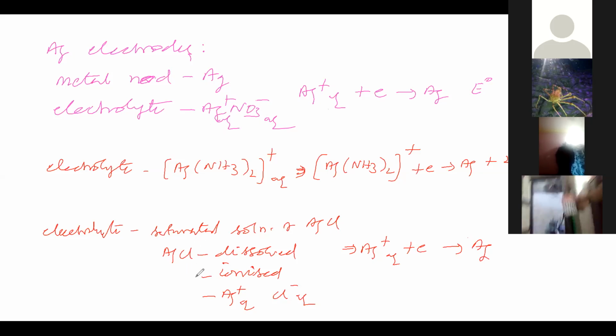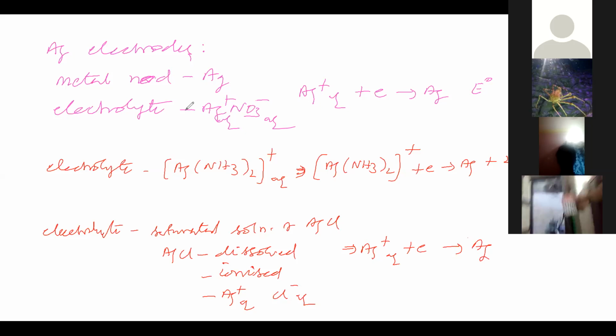An insoluble salt goes for a lesser extent of ionization, which indicates the attraction between these two ions is more when compared to the attraction between the other two ions. So this Ag plus is much more free when compared to this Ag plus. Since it is not free, its tendency to take an electron is different. So this electrode potential and this electrode potential are different.